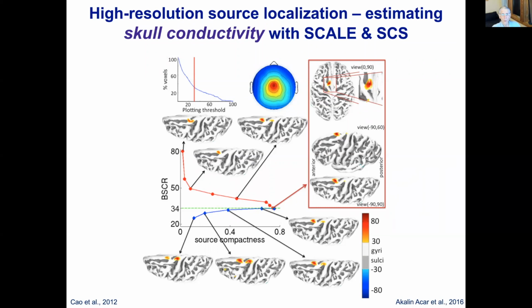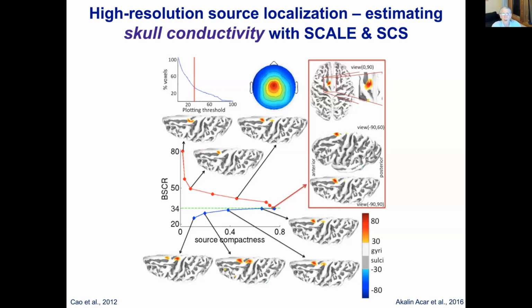And in it we show an algorithm that allows us to estimate, for each individual subject, the most important missing parameter in forward electrical EEG head models. And that parameter is the conductivity or resistivity of the skull to current. It's a parameter that is different in each person. It differs across ages, likely genders, but within adults it can vary by a factor of 3, we believe.